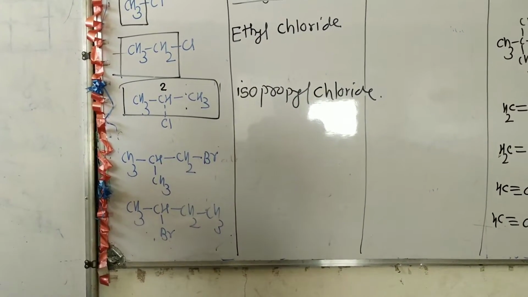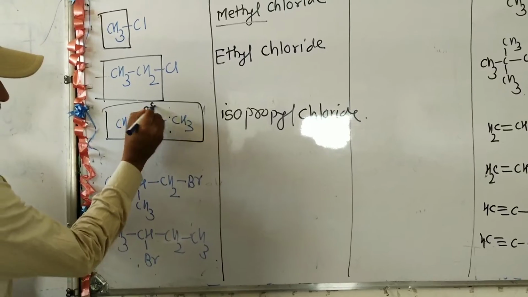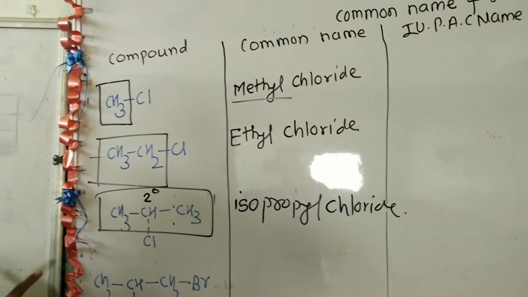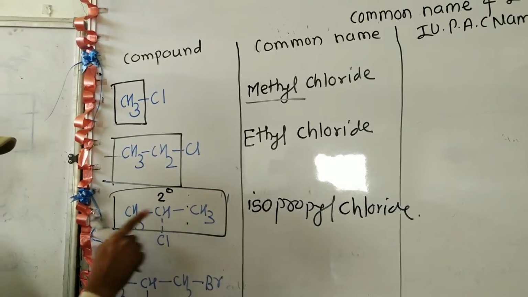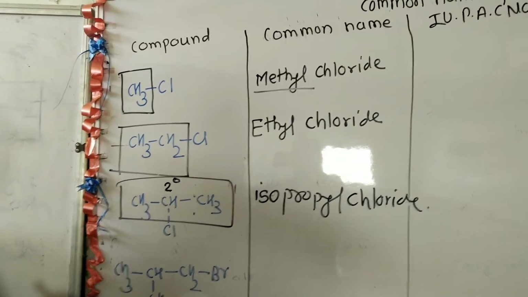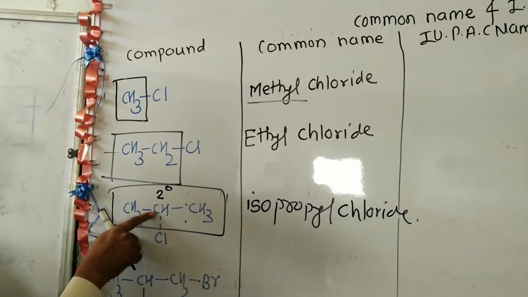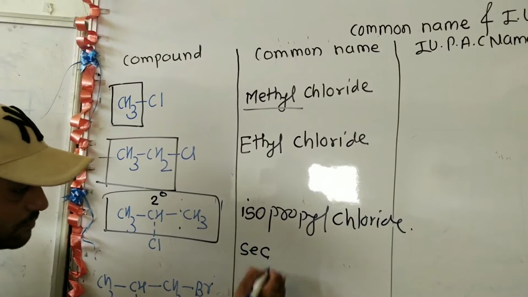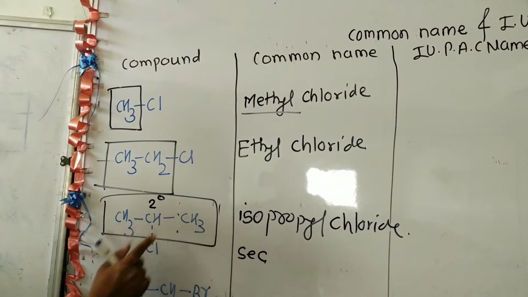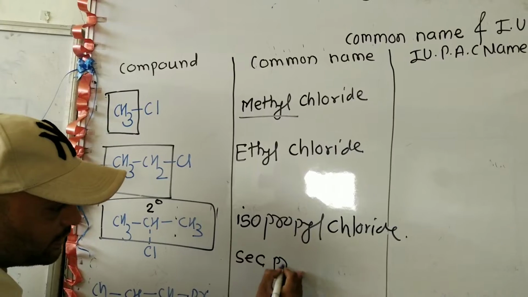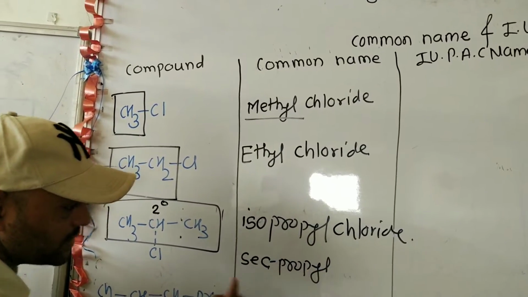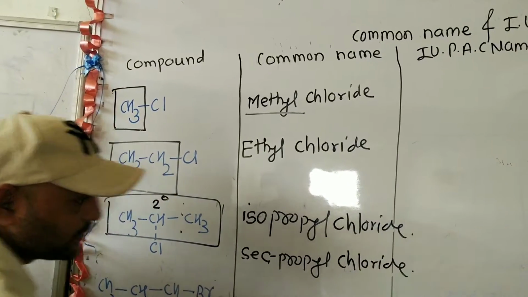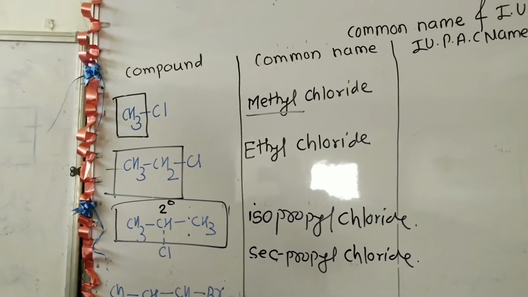Another name: this is the secondary carbon. What do you mean by secondary carbon? Carbon to which two different or same carbons are attached is called a secondary carbon, and to which halogen is attached, so called secondary group. And alkyl, propyl, is called secondary propyl chloride.